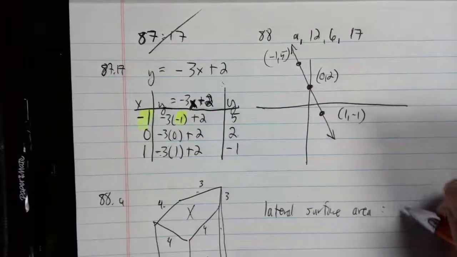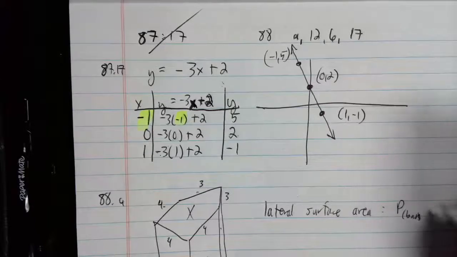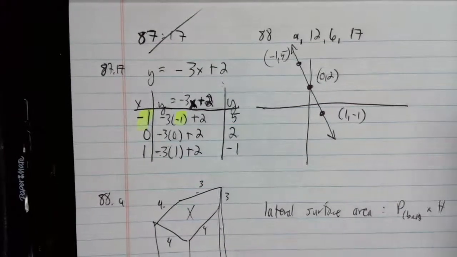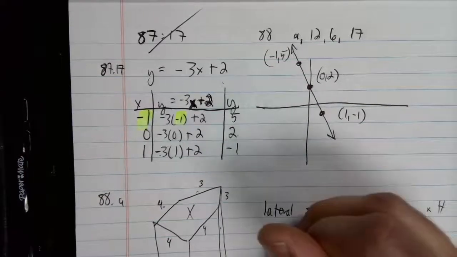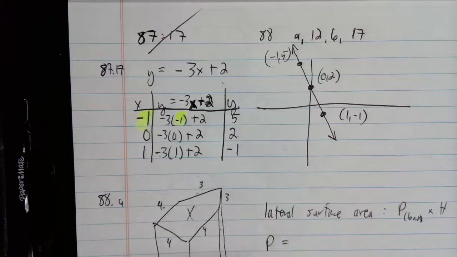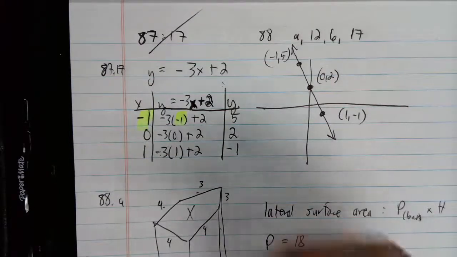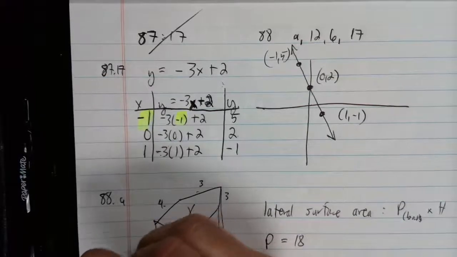The lateral surface area is the perimeter of the base times the height. So let's find the perimeter of the base. The perimeter of the base equals 4 plus 4 plus 4 plus 3 plus 3. 18. And then they told us that the height is 40 meters tall.